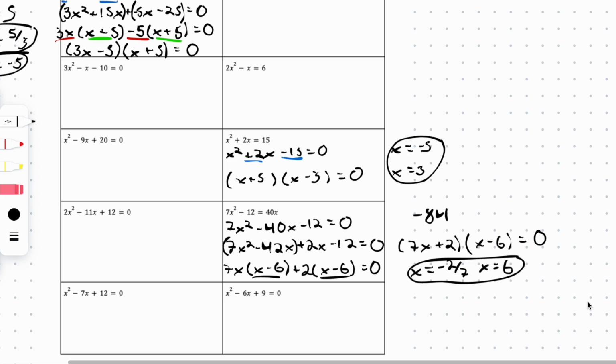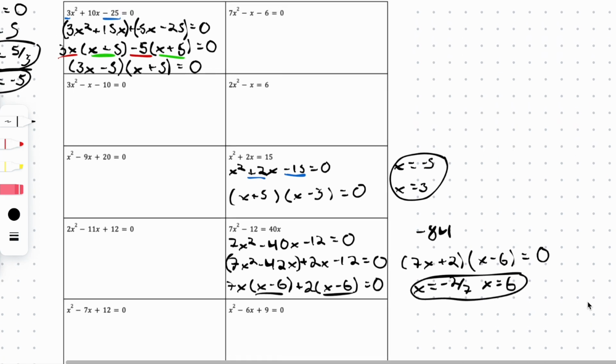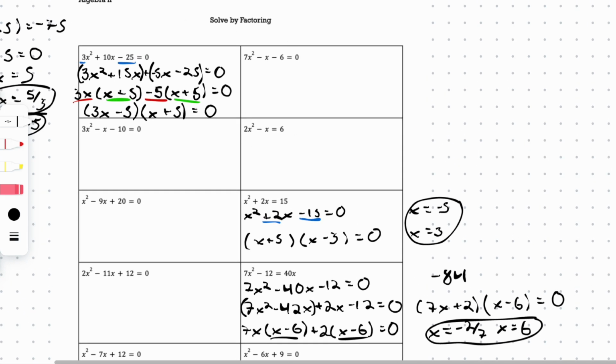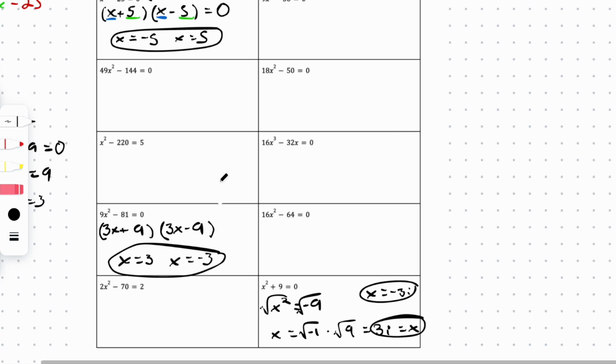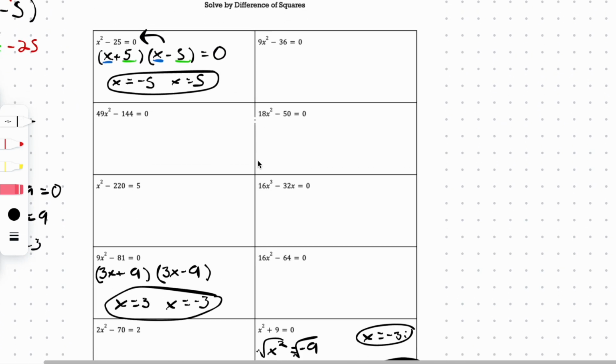Okay, great. Hopefully you found this lecture informative. We went over a variety of different ways we can factor quadratics. Again, this sheet tells you whether you should solve by factoring or by difference of squares.